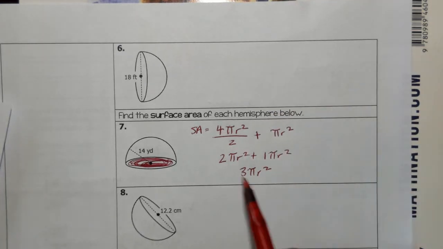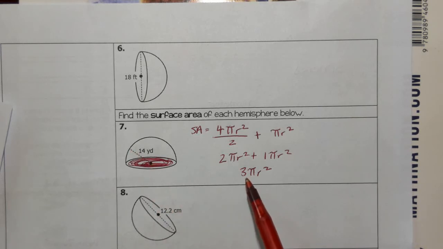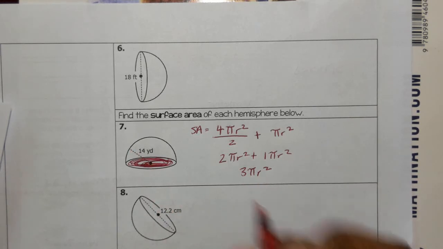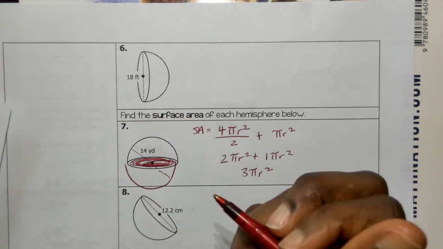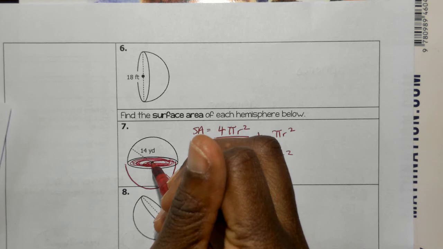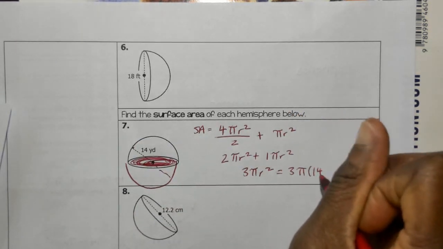Okay, so then we're just inputting this radius into the formula. So again, this is still the radius because if the rest of the circle was there, the diameter would continue past this. So it's still from the center. Anytime it's from the center to the edge, it's the radius. So this is 3 pi 14 squared.